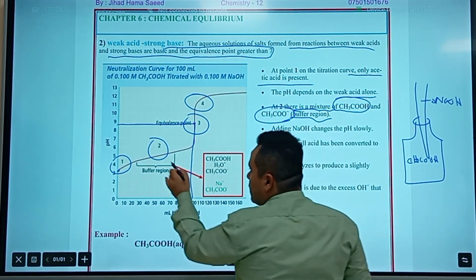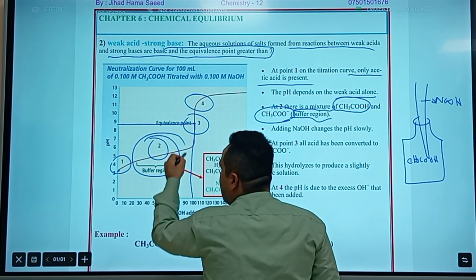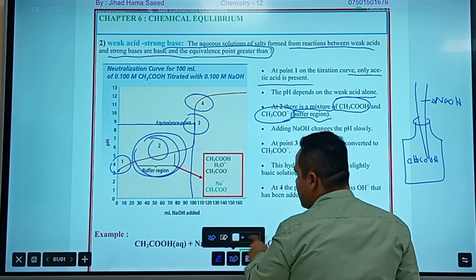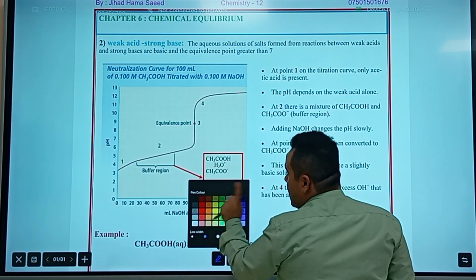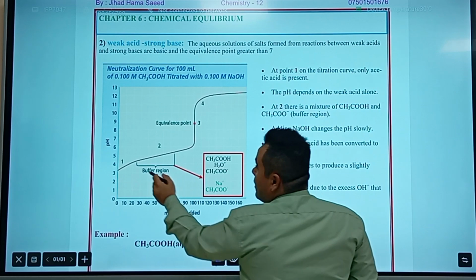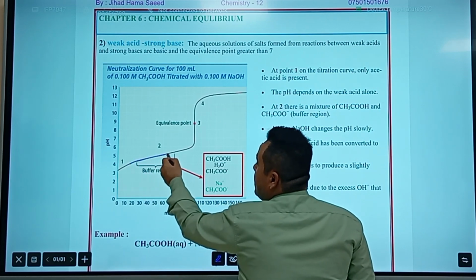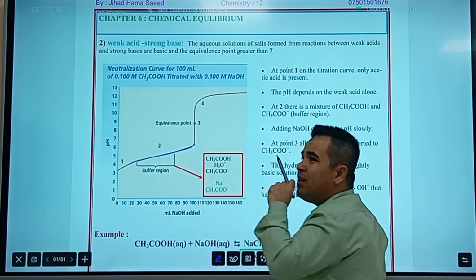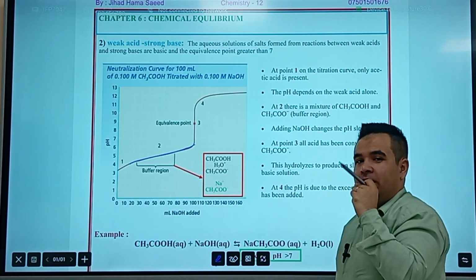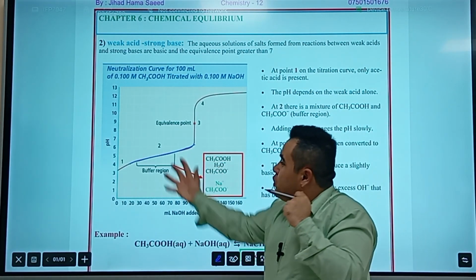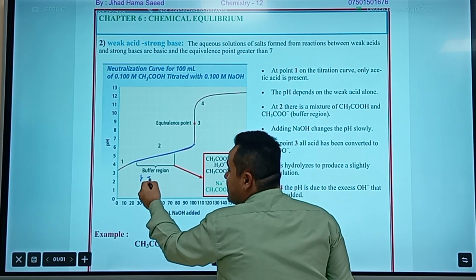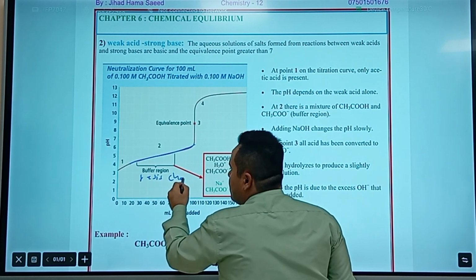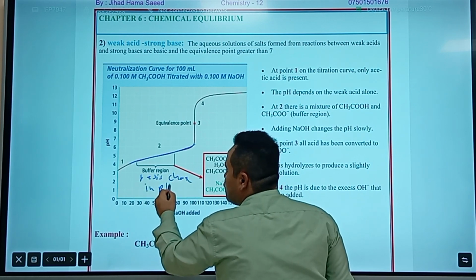So at this point, the graph represents a buffer region. You can notice, guys, during the buffer region, the pH increases slowly. This region resists change in pH.